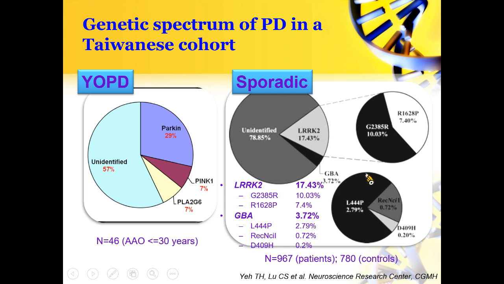In sporadic Parkinson's disease, LRRK2 G2385R accounts for 10%, followed by LRRK2 R1628P in 7.4%, and GBA L444P in 2.8% of patients.